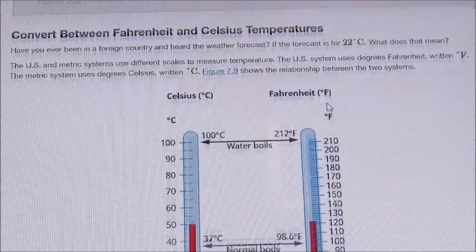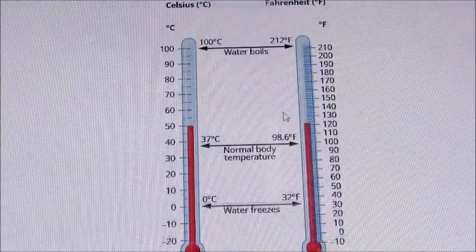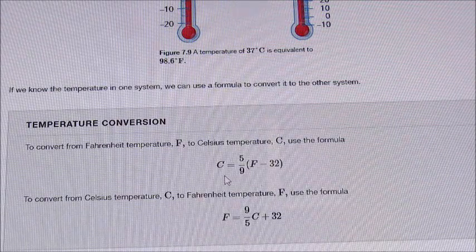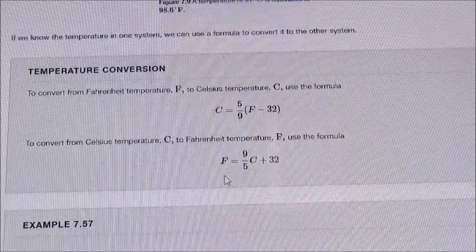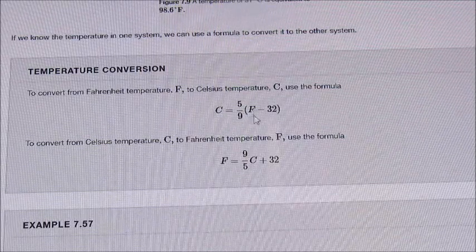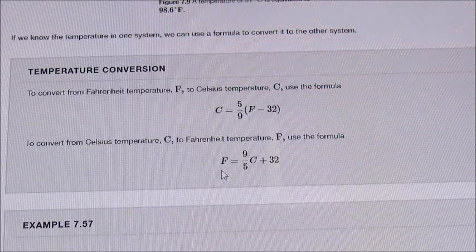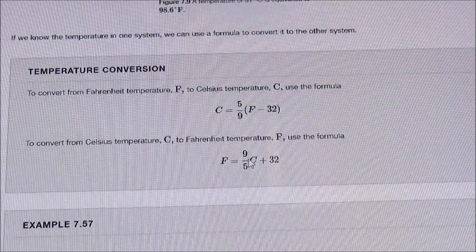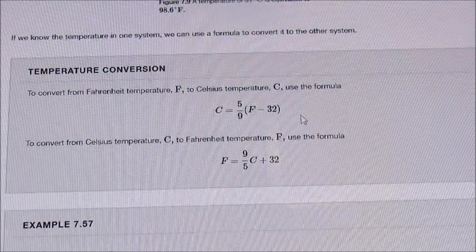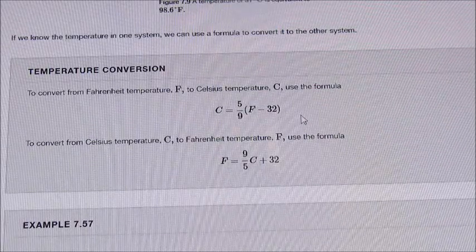And then we're also going to do some temperature conversions where we have C, which is Celsius, equals 5/9, and then in parentheses F minus 32, and then Fahrenheit is 9/5 C plus 32. So you're going to do a lot with these where you convert from one to another.